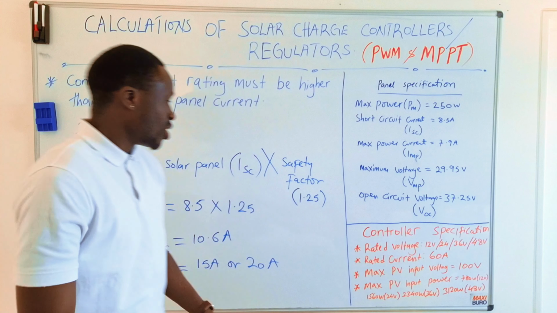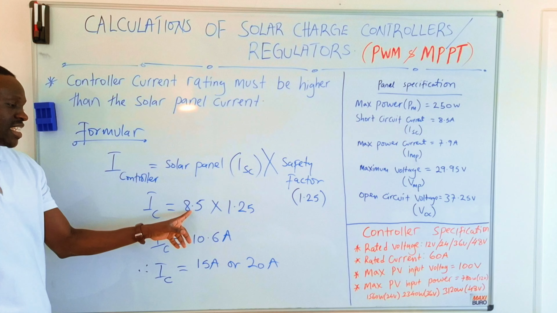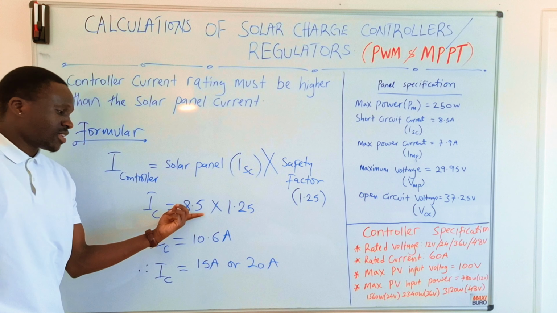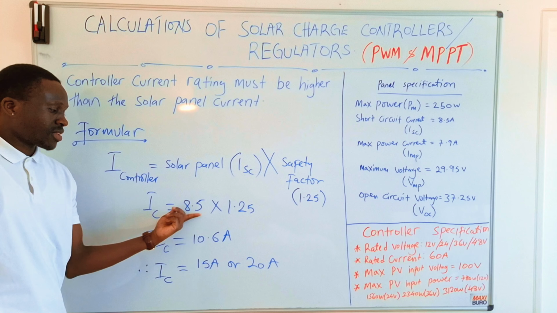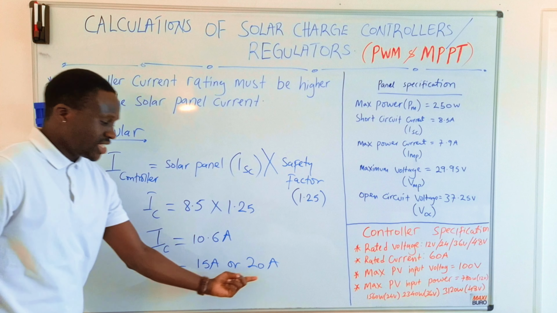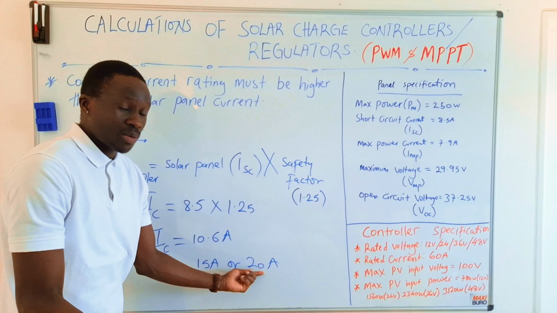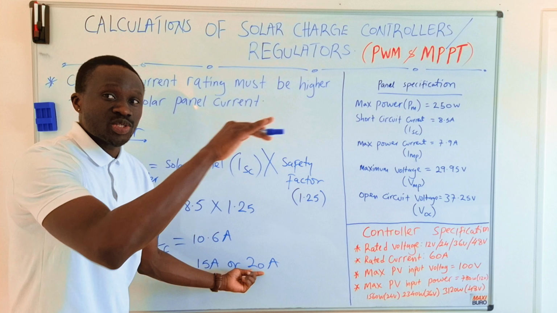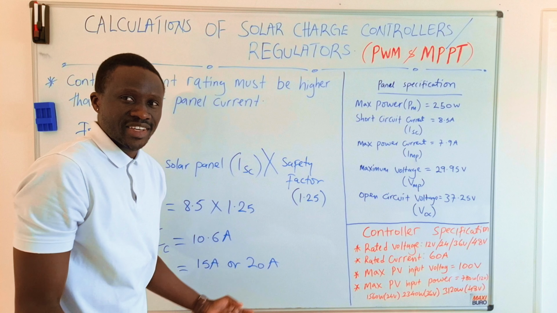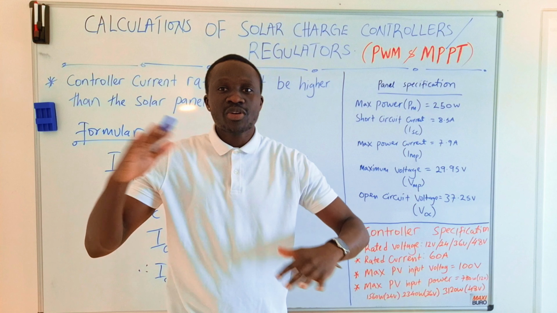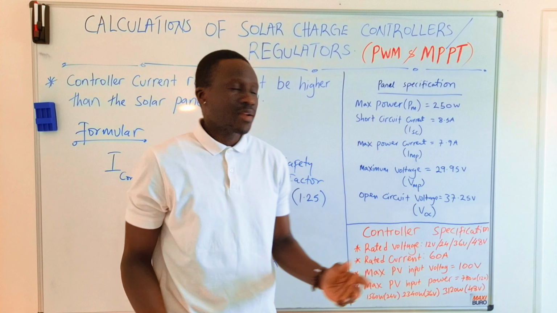It will be able to handle this 8.5 amps. 20 amps will be able to use this for charging, and this 20 amps will be able to manage the current coming from the battery going to the loads to be used. Okay? And your solar panel will not heat, it will be calm, and the system will flow on very well.